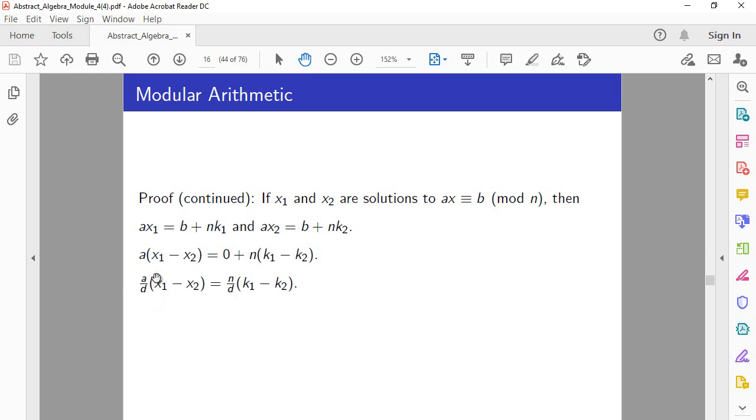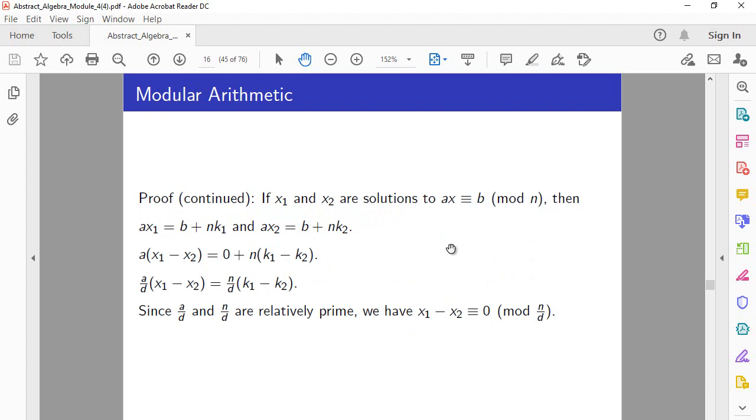So n over d divides the left hand side, but n over d has no common factors with a over d. As a result, n over d must divide x1 minus x2, which means that x1 minus x2 is 0 modulo n over d, which tells us that x1 is congruent to x2 modulo n over d.